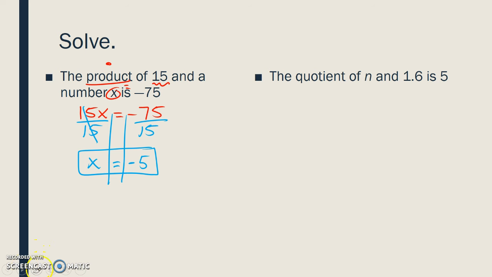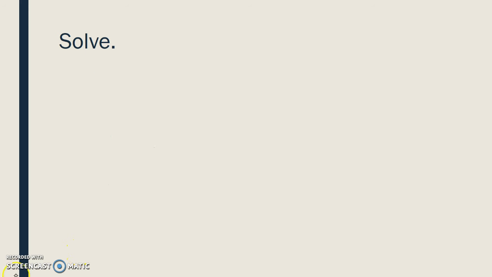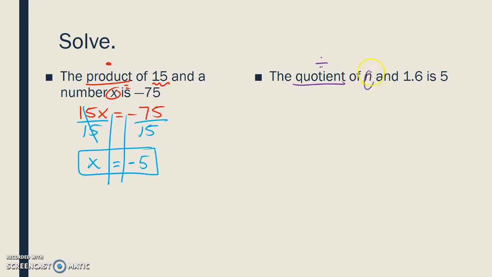The quotient of n and 1.6 is 5. Quotient means division. So I'm going to set this up in fraction form. N divided by 1.6 equals 5. If you had a division sign like n divided by 1.6, that's also all right.